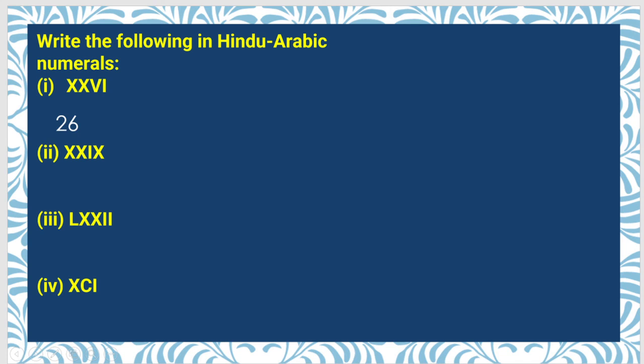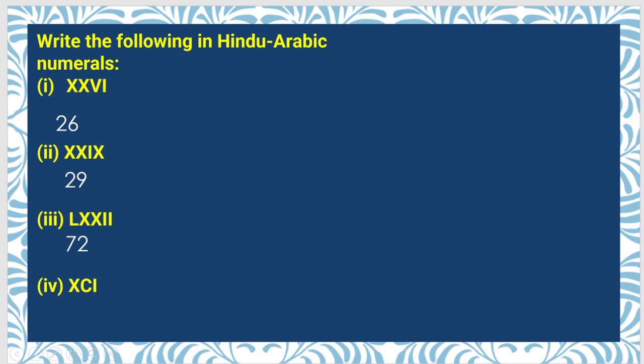The right number is 26. Then the next number 10, 10, 10, 10, 20, 29. Then 50, 50, 10, 10, 72. It will be written as 72.